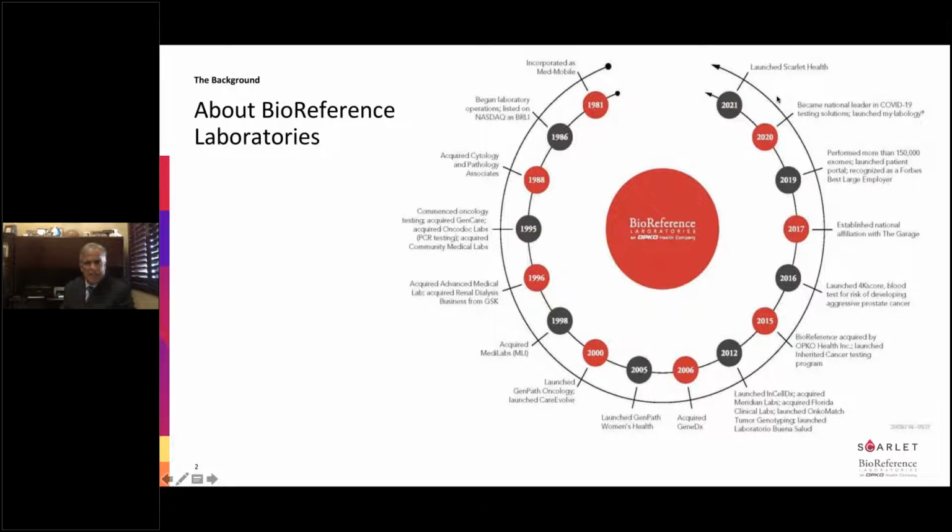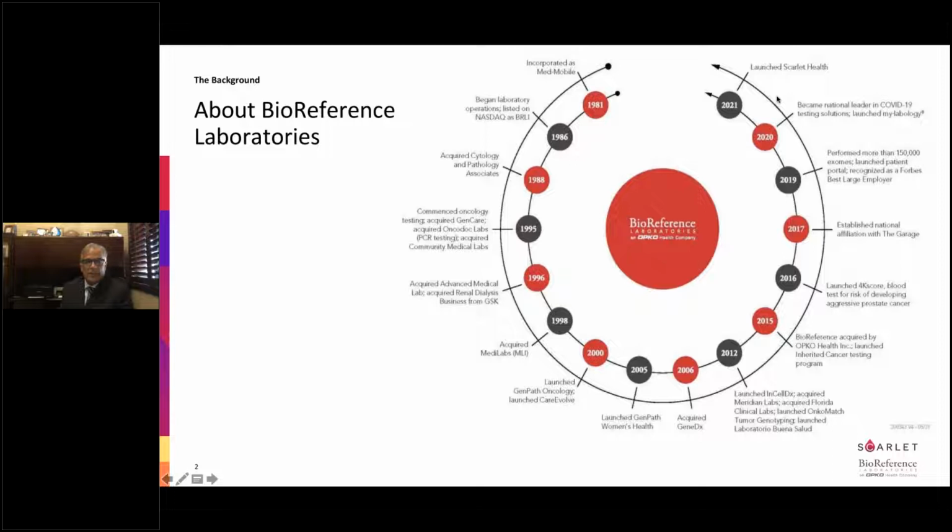In 1986, it began laboratory operations known as BioReference Laboratory, and it was listed on the NASDAQ in 1986. Through the following years, it acquired several cytology, pathology and other organizations, particularly Cytology and Pathology Associates in 1988. It commercialized and commenced its oncology testing in 1995, acquired GenCare, acquired OncoDoc Labs through its PCR testing, and also acquired Community Medical Labs.